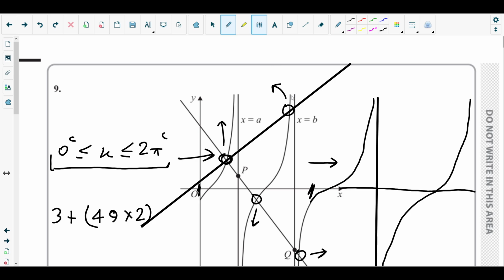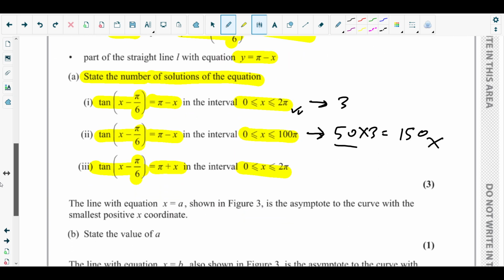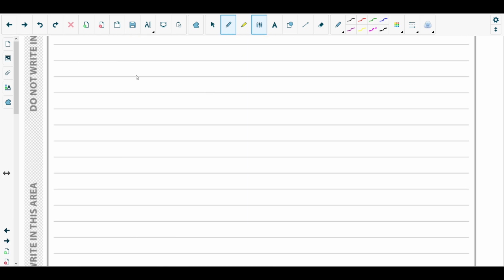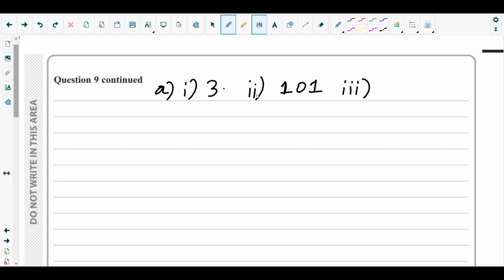And then there's nothing, because this is till 0, like 0 to 2 pi, right? So 2 pi is basically this point. Okay, this is till 2 pi. So we will consider these two, this one and that one. So 2 points of intersection, therefore 2 solutions. Okay, so the answer for part 3 of A is 2 solutions.